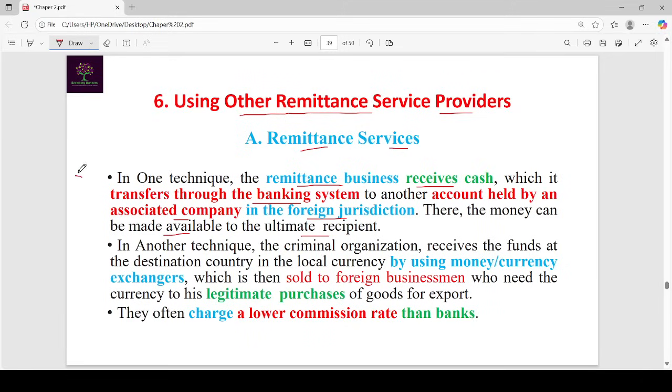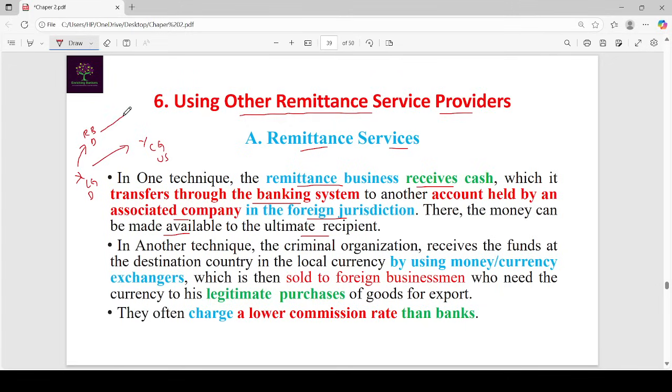Here, X criminal group in Dubai wants to remit illegal funds to the Y criminal group in US. So, this criminal group approaches a remittance business in Dubai, and gives illegal money to this remittance business.